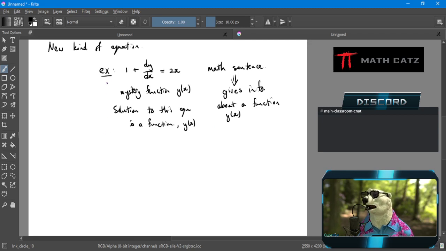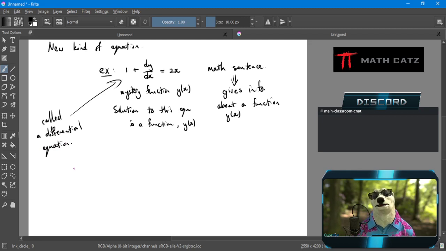So I have a new kind of equation, and we're going to call that appropriately a differential equation. More specifically, an ordinary differential equation, because if you pursue this topic further, there are other kinds of differential equations, just like there are different kinds of normal variable equations. But that's not a route we're going to take, so we'll just call it a differential equation.